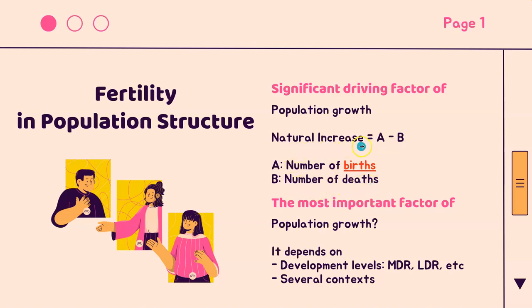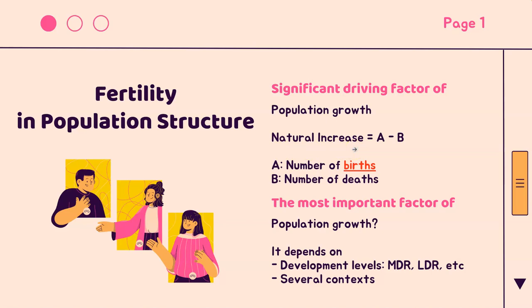The natural increase itself is a very simple format, so it would not include migrations or any other types of fluctuations of the population changes. However, that is a very basic format impacting population changes. So still, the natural increase would be a very important part of the population changes.